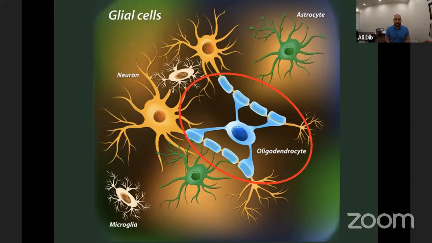But one of the disorders that affect the myelin that I'm sure a lot of you are aware of is multiple sclerosis, right? So multiple sclerosis is a neurodegenerative disorder of the myelin sheath, the covering of these axons. And over time, what happens is there's a generalized degeneration of this myelin.